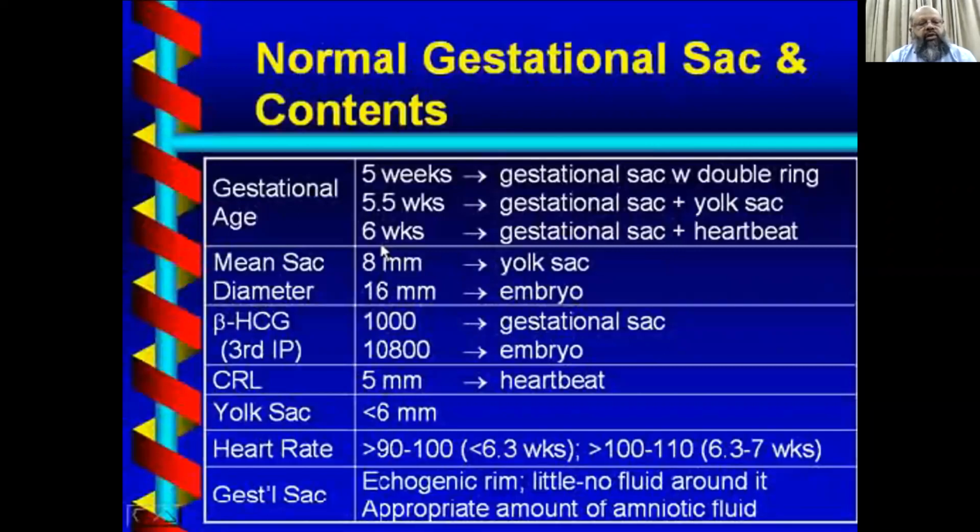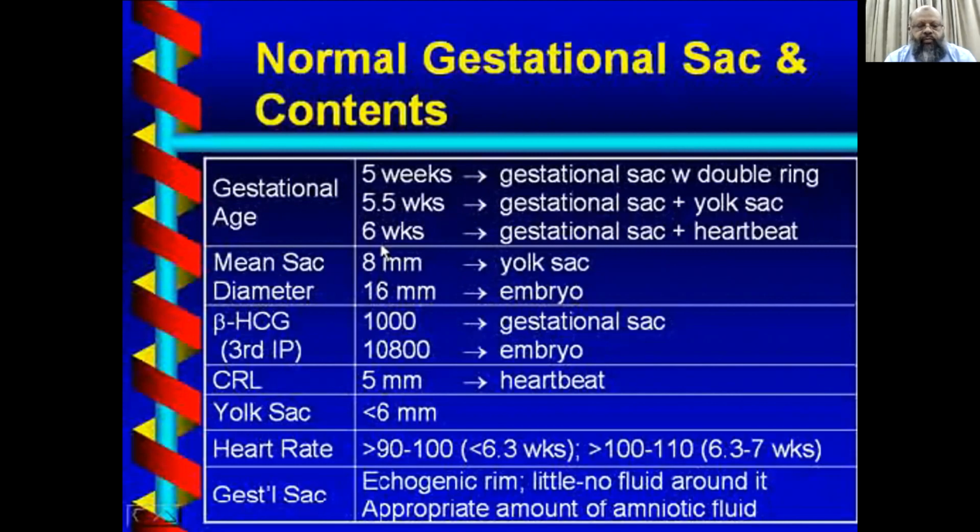So these were 3 conditions depending on the gestational age related to the gestational sac and its appearance and its contents. Then comes the mean sac diameter. If the mean sac diameter is 8 mm, there must be a yolk sac. And if the mean sac diameter is 16 millimeters, there must be an embryo.